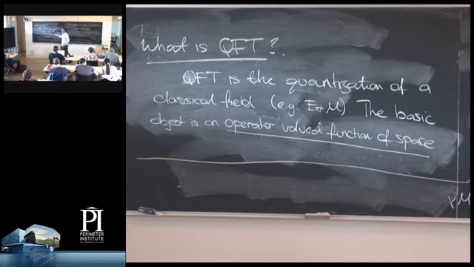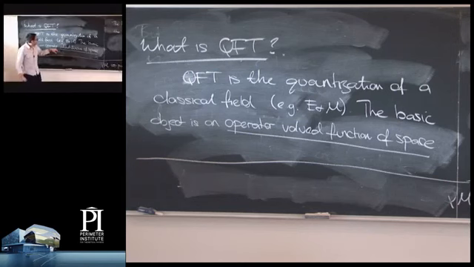This immediately tells us one of the major problems with quantum field theory. The problem is that there's an infinite number of points in space. Infinite number both that way, because space is infinitely large, and an infinite number this way, because space is a continuum. So what this means is that we're dealing with an infinite number of degrees of freedom.